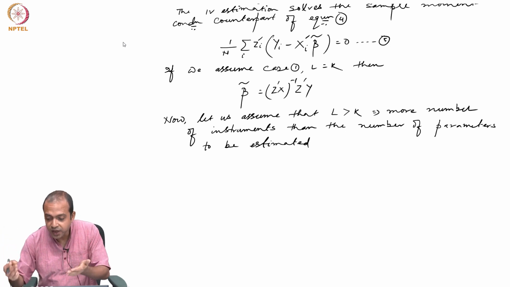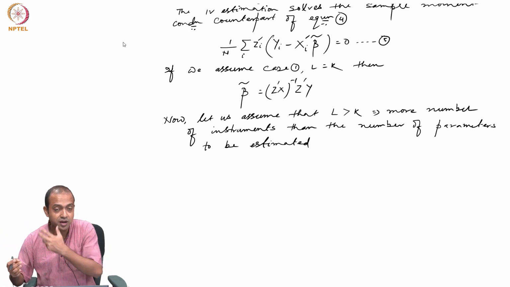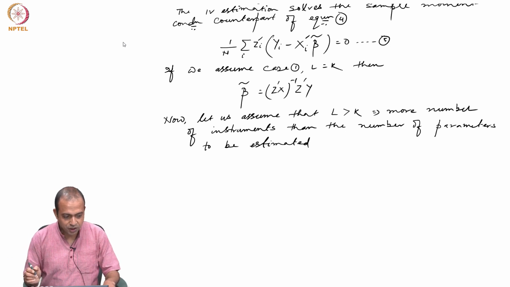Then the moment we get more instruments than the number of parameters to be estimated, what will happen?